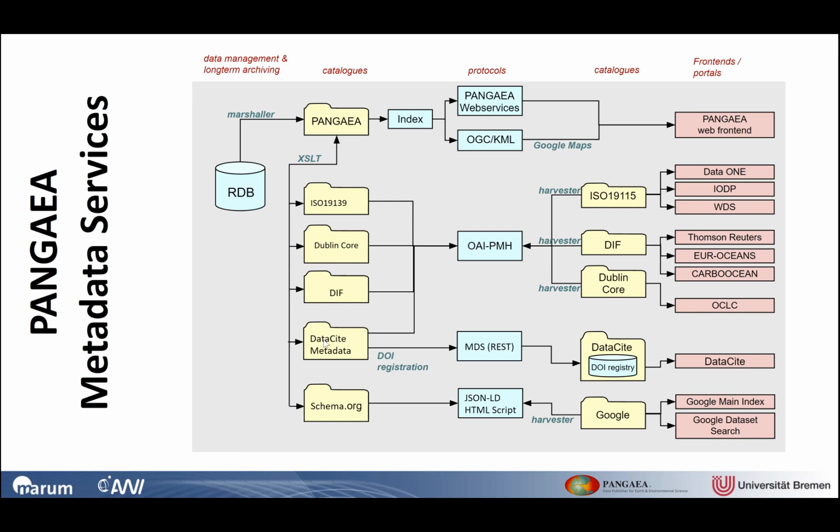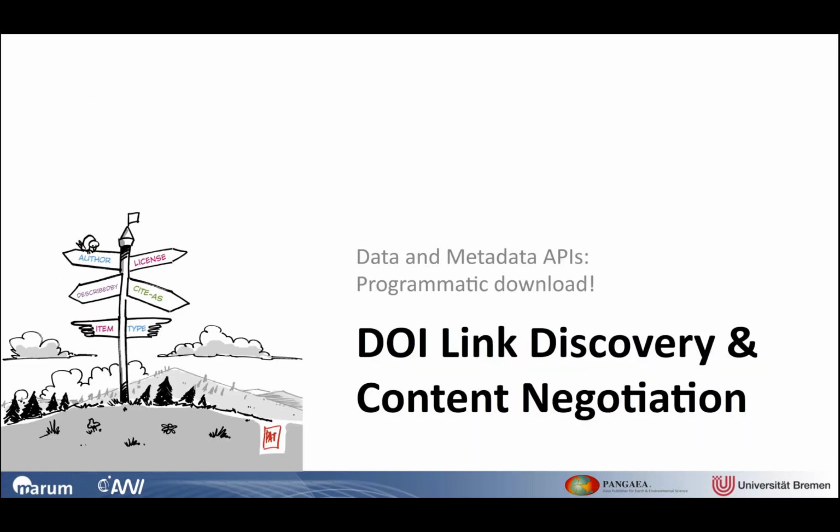We are also having DataCite metadata, which is published together with the DOI, and we also have schema.org metadata, which is the most modern type of metadata. And actually, all this metadata can be retrieved from PANGAEA instead of the landing page if you just have the DOI. And how that works, I want to show you in the next few slides.